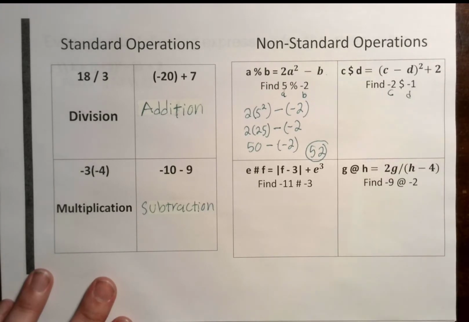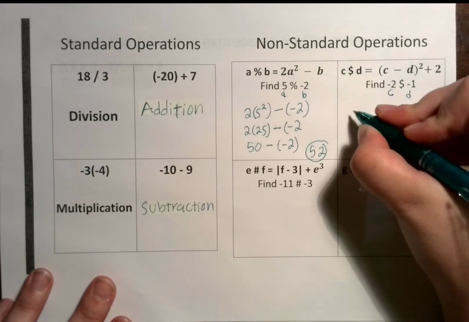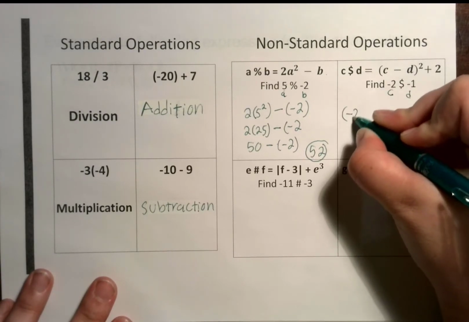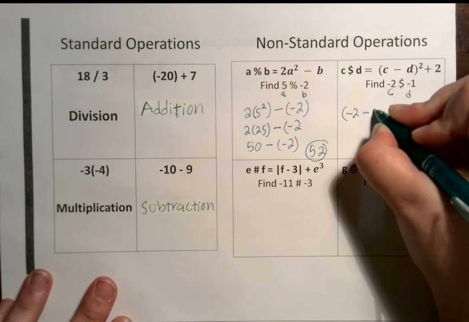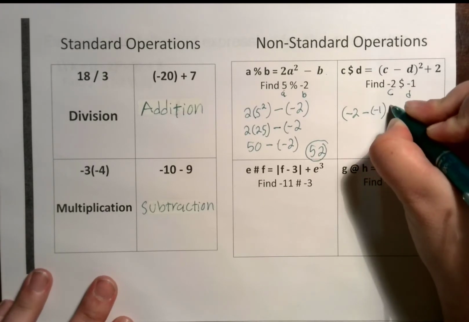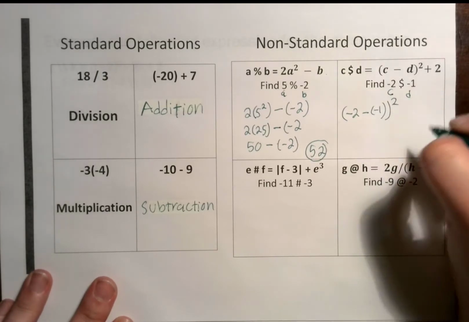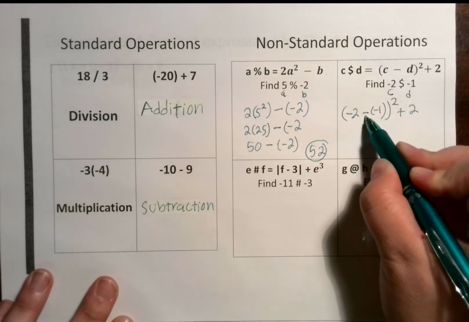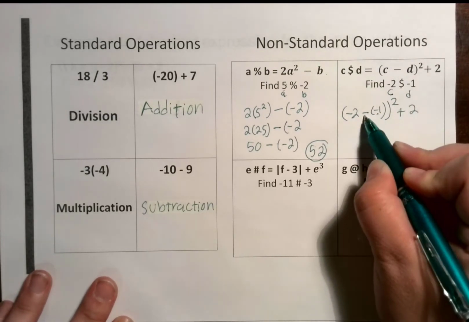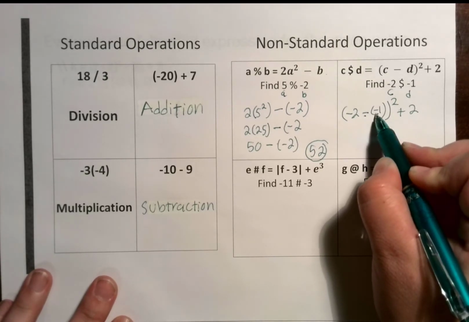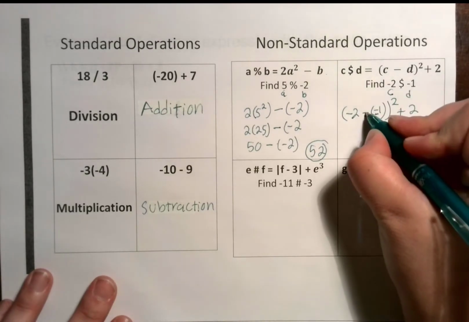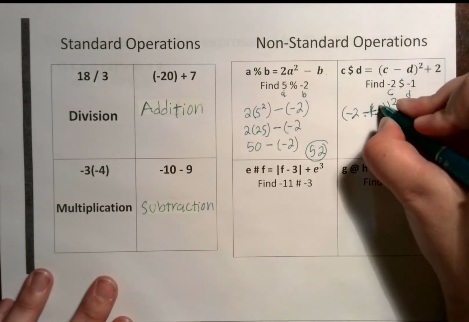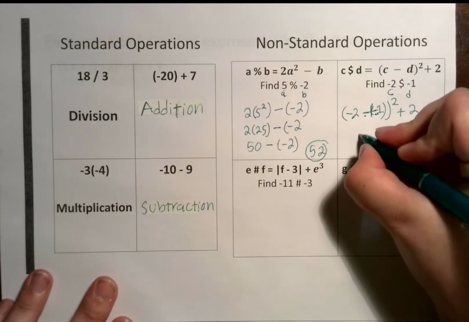I'm going to plug those in. So C, which is a negative 2, minus D, which is a negative 1, we're squaring all of that, plus 2. So negative 2 minus a negative 1. Remember, minus a negative is the same thing as adding. So we've got negative 2 plus 1, which is just a negative 1.